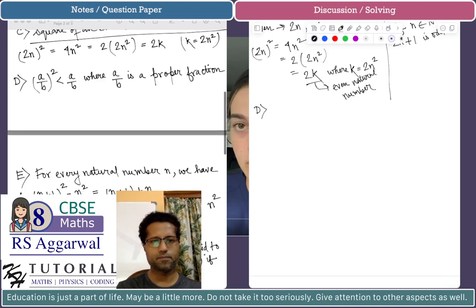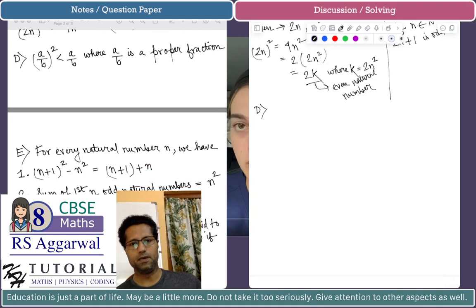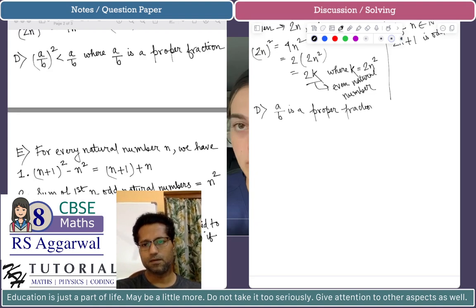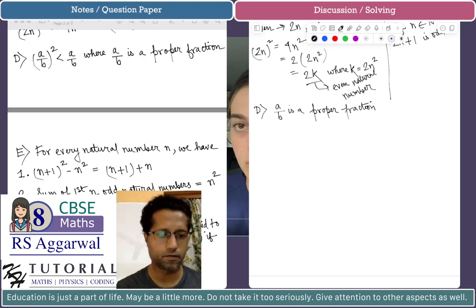It says that if a by b is a proper fraction, by proper fraction it means the numerator is less than the denominator. My machine is giving me a lot of trouble.